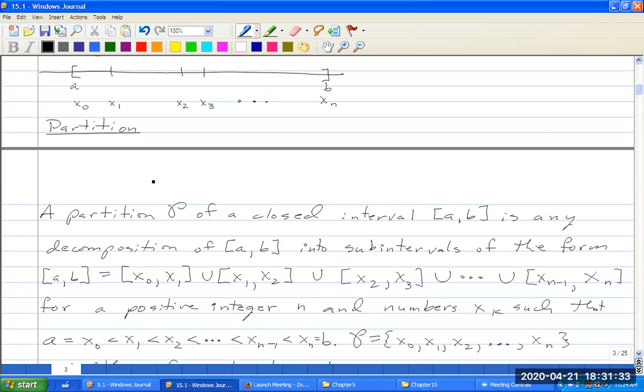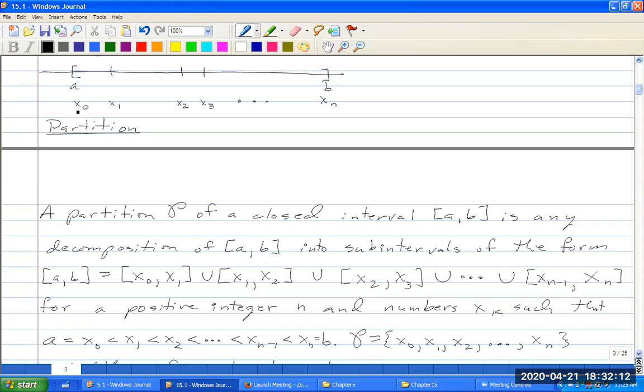A partition P of a closed interval A to B is any decomposition of the closed interval AB into subintervals of the form x0 to x1, x1 to x2, x2 to x3, dot, dot, dot, xn minus 1 to xn, for any positive integer n.